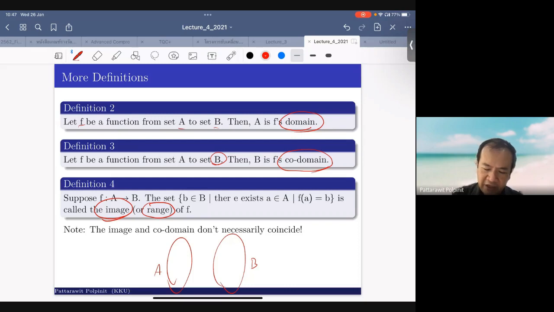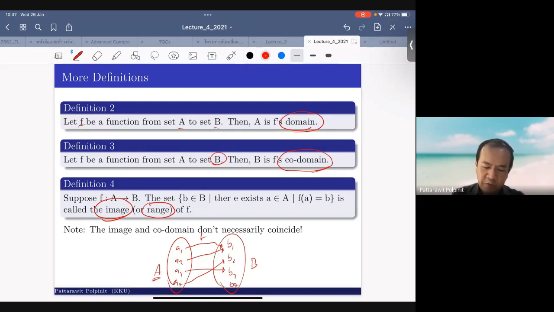So A is going to be mapped. In this one you have A1, A2, A3, A4, and here we have B1, B2, B3, B4. This one is going to be mapped by, let's say, function F. For each element, A1 might be mapped to B1, A2 might also be mapped to B1, A3 might be mapped to B3, and A4 may be mapped to B2, say.